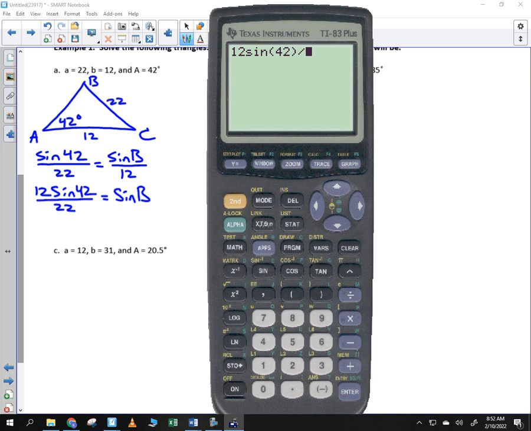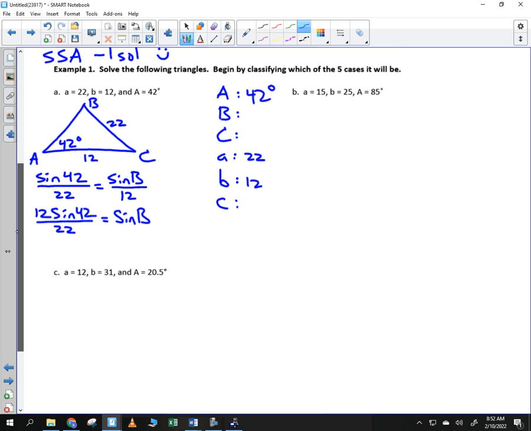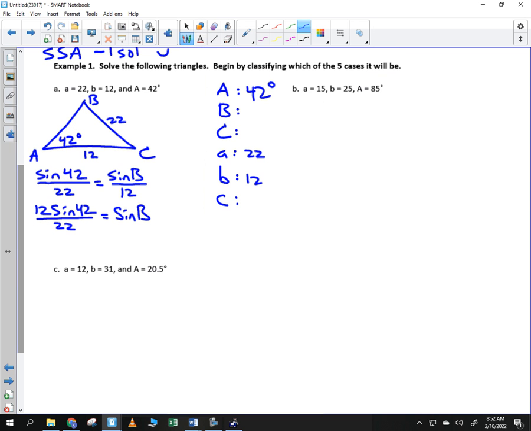And we're going to divide by 22. And I get 0.36498. Is that my answer? I'm finding an angle, so I need to inverse that result. Inverse that answer, and we get 21.41 degrees. So B is 21.41 degrees.